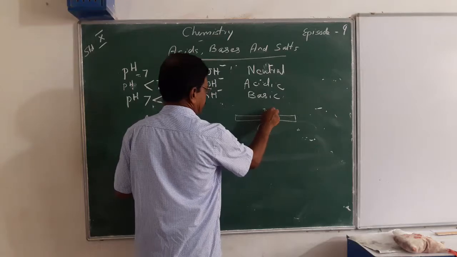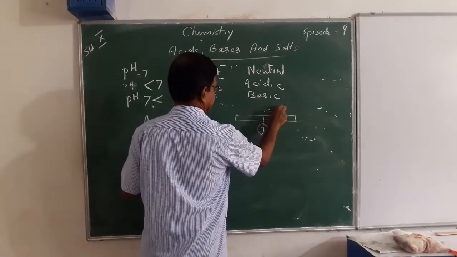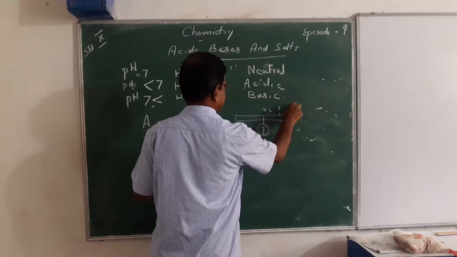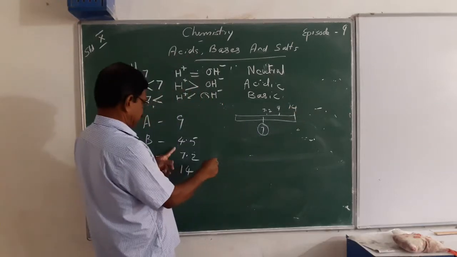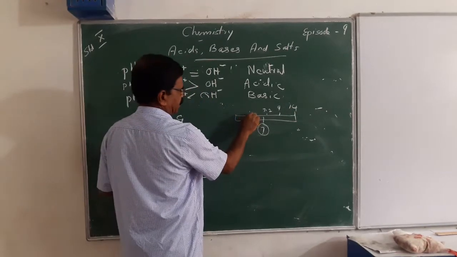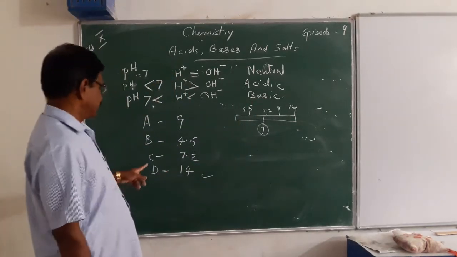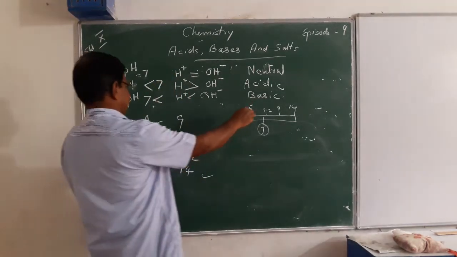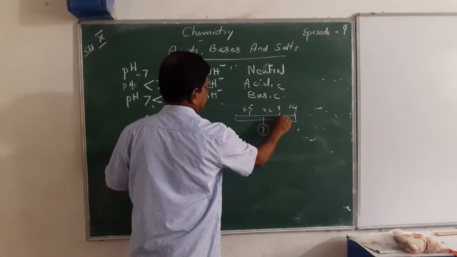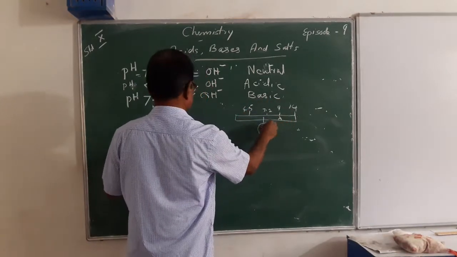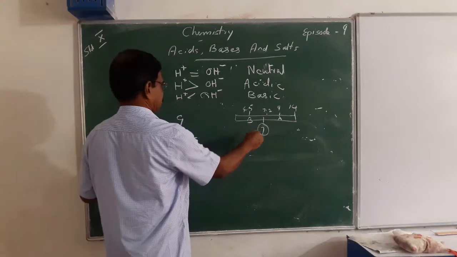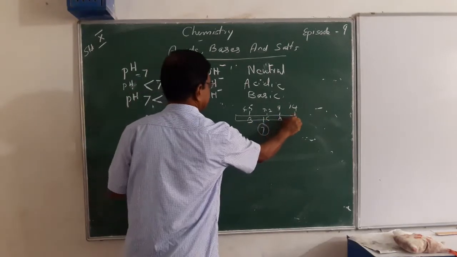Here 7.2, here 9, here 14, the other solution is 4.5. This is A, this is B, this is C, and this is D.